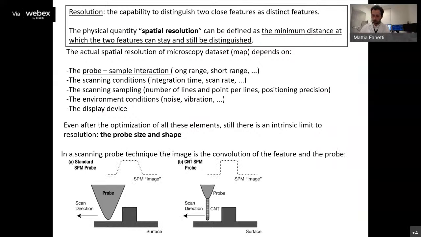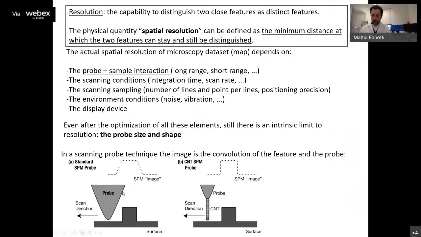To explain this concept, here I put an image which comes from another microscopy technique, a scanning probe technique, but the concept is exactly the same. If I have a feature on my surface and I have a large probe, then the image is the convolution between the shape of the feature and the shape of the probe.